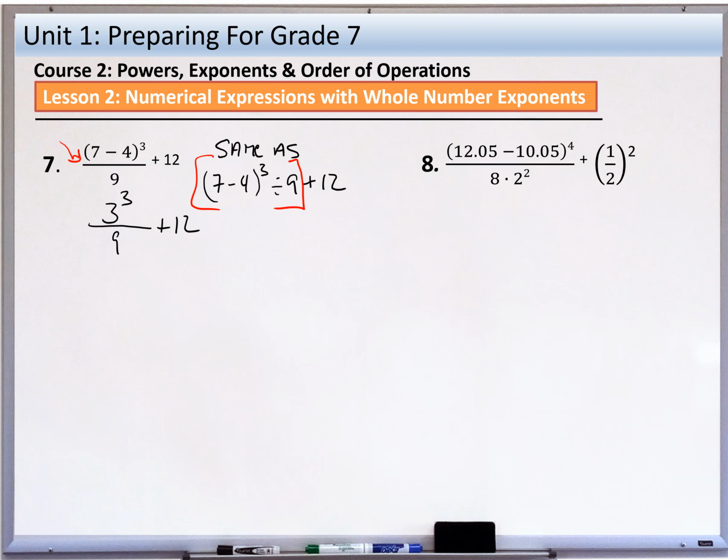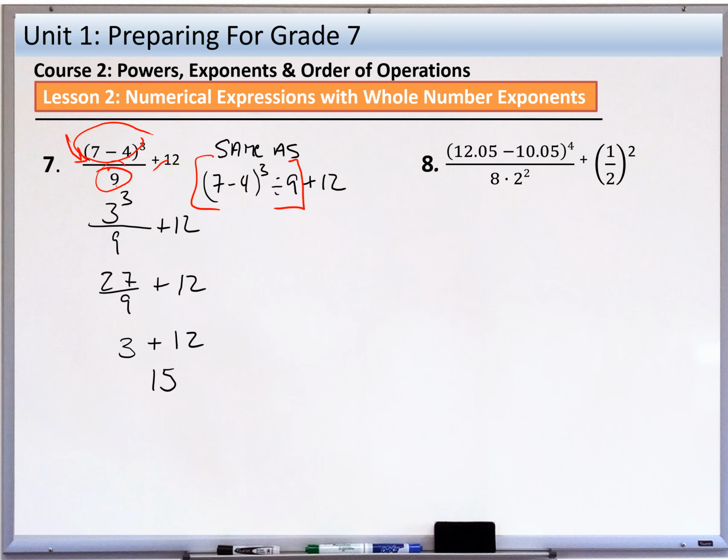I'm going to use my exponent first. 3 to the power of 3 is 27. Divided by 9. I have to add 12 to that. 27 divided by 9 is 3. 3 plus 12 is 15. Okay, so again, this is basically read the difference of 7 and 4 to the power of 3 divided by 9 plus 12, which is why I have to do this first, divide by 9, and then add 12.